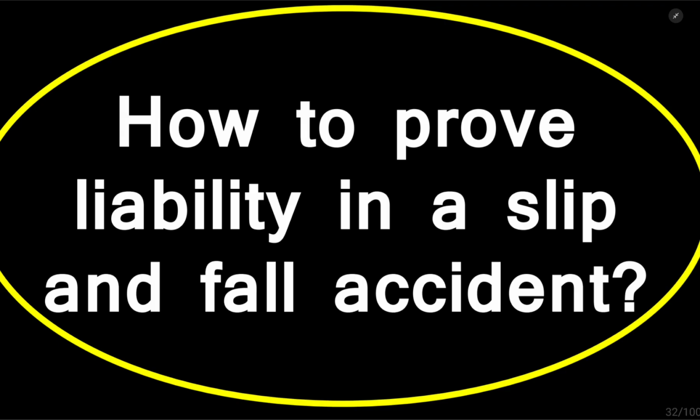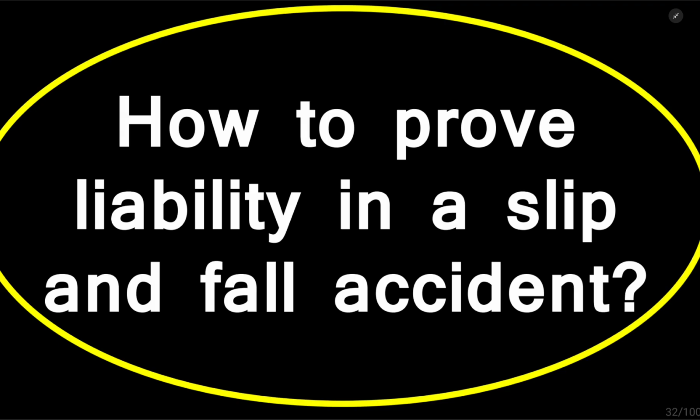Now, point number five, prove that the property owner's negligence led to the injury. In order to prove liability, you need to show that the property owner's negligence directly caused the accident. Negligence refers to a failure to act with reasonable care.